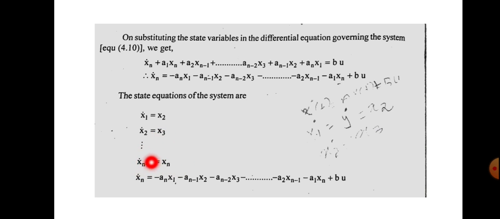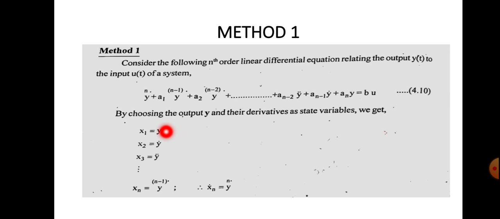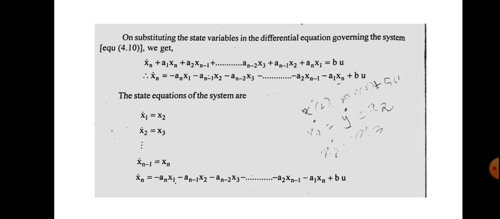And xn dot will be equal to minus an x1 minus an minus 1 x2 etc. up to plus bu. So these are the state equations of the system. You will be getting this equation from the previous equation. Okay, so you got the differential equation governing the system in terms of state variables, right?